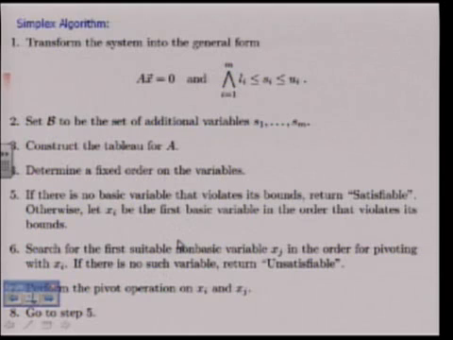If you cannot satisfy, then you rotate, performing the so-called pivoting operation between variable xi and xj. And then basically it's a way to jump from one vertex to another.